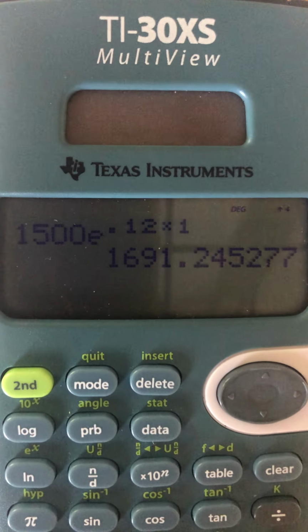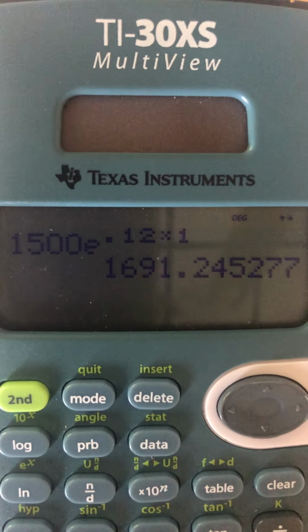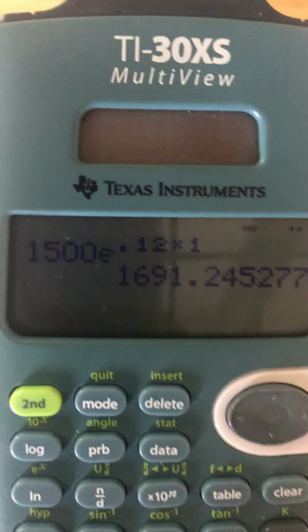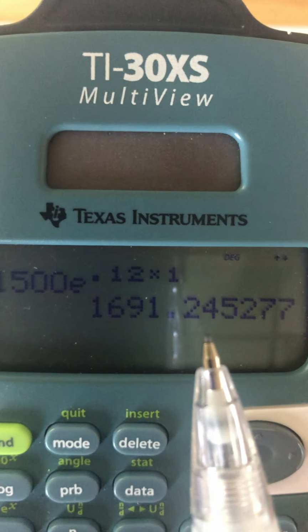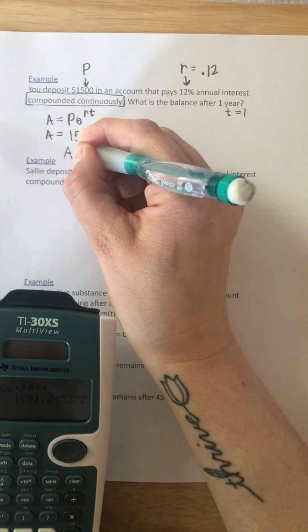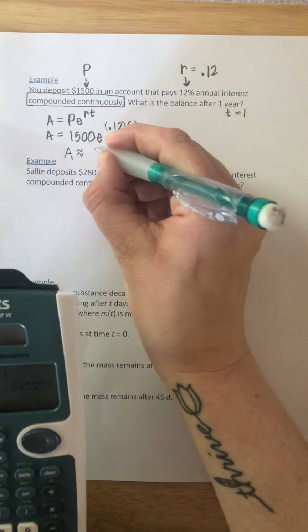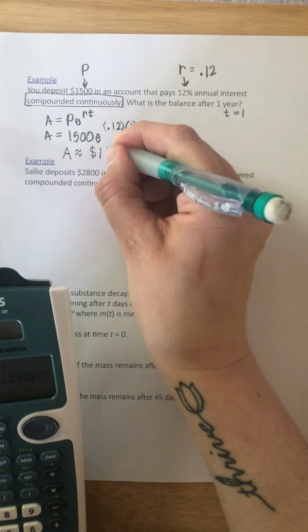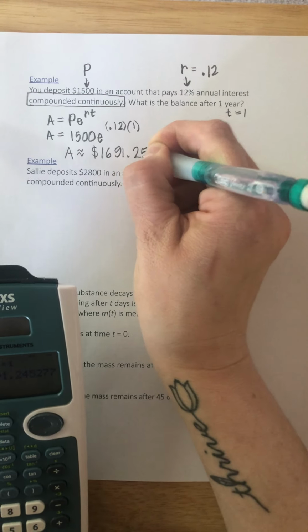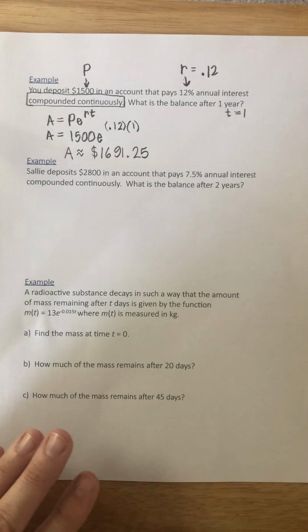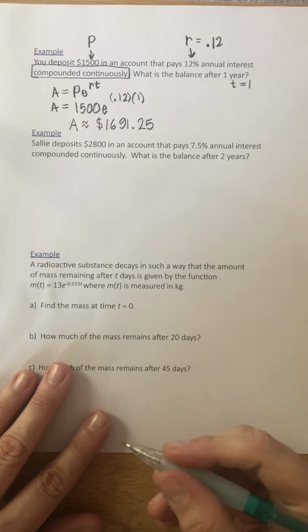So we have to look at the third digit to determine if we round it up or keep it the same. Our third digit is a 5, so it's going to round that 4 up to a 5. So for our answer, we're going to say that after 1 year, we would have $1,691.25.